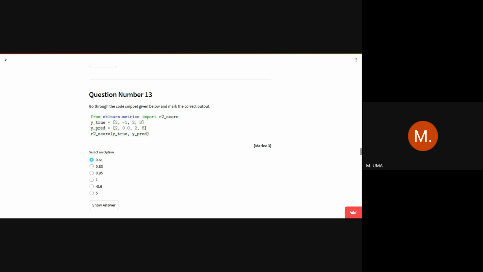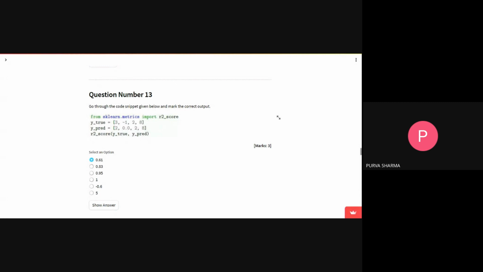Kindly say the formula again, please. It will be 1 minus, in vector form, y true minus y predicted, squared, divided by y true minus the mean, then squared.